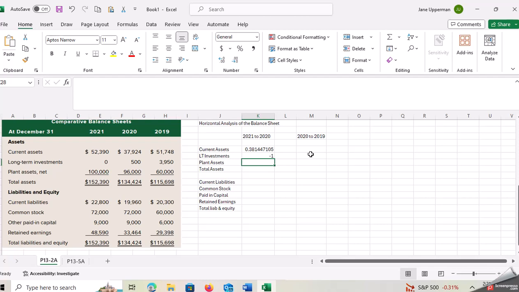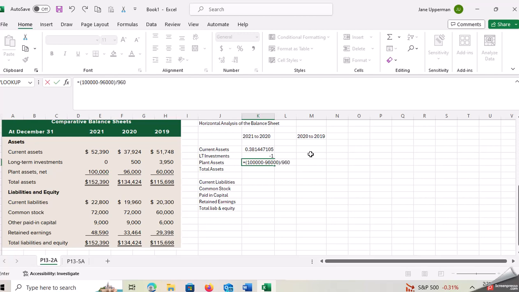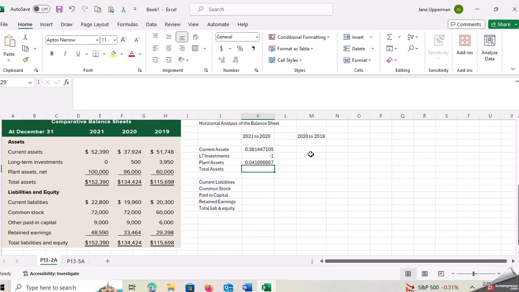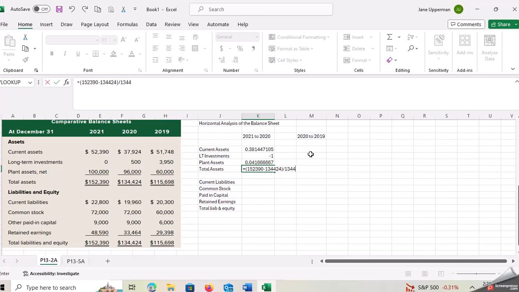Then our plant assets are 100 minus 96,000. Again, solve for that first, then divide by the 96,000. And then our total assets are 152,390 minus 134,424. Solve for that first, then divide by the 134,424.